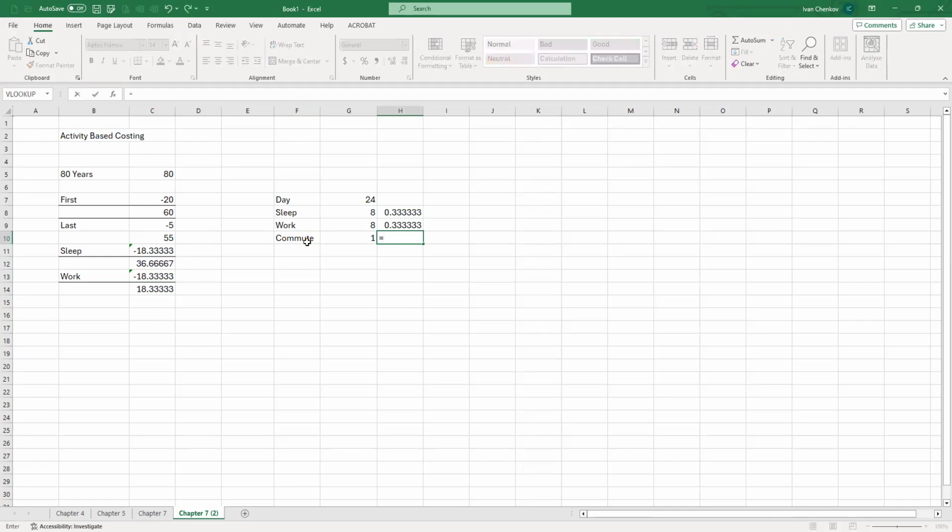So that's going to give us another out of 24. So out of 55, 2.5 years gone on commute. 2.5 years of our life went to commute.